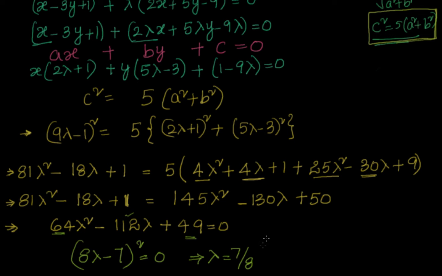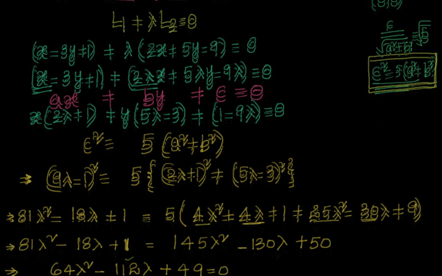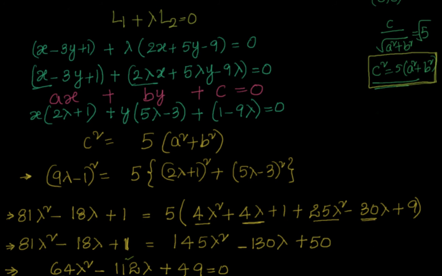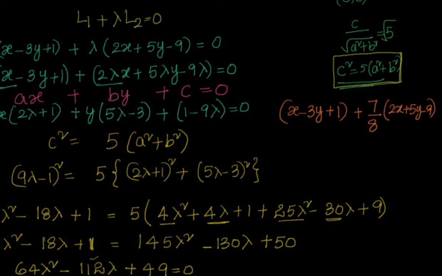As simple as that. See, once you got lambda, now pretty much you know what to do. We have to go back to L1 plus lambda L2 and substitute the value of lambda equal to 7 by 8. Let us try to finish it here. So we will say L1, that is x minus 3y plus 1 plus 7 by 8 into 2x plus 5y minus 9 equal to 0.